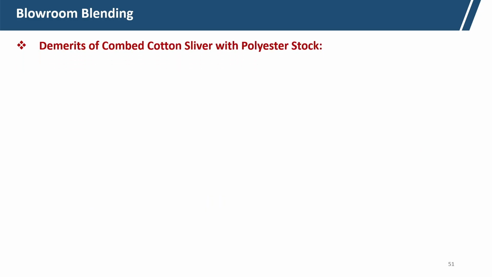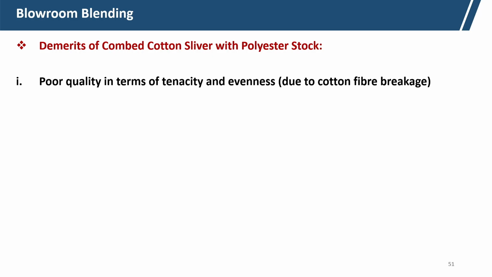And now demerits of combed cotton sliver and polyester stock: poor quality in terms of tenacity and evenness, because of cotton breakage. So, cotton is processed twice in the process.